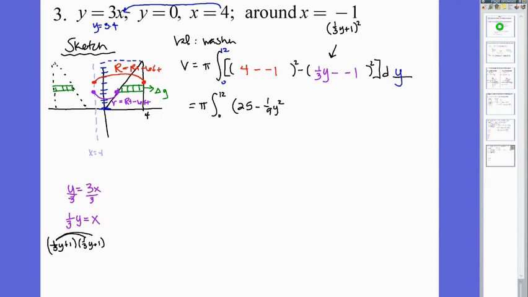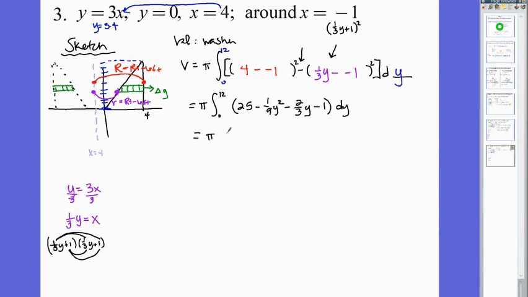When I do the outers, I get a plus 1/3 y, and when I do the inners, I get another plus 1/3 y for a plus 2/3 y. Don't forget, you got to distribute your minus. So you're going to write down minus 2/3 y. And then this plus 1 times that plus 1 is another plus 1. But again, I'm subtracting everything, so I'm going to subtract 1. And then list a dy.